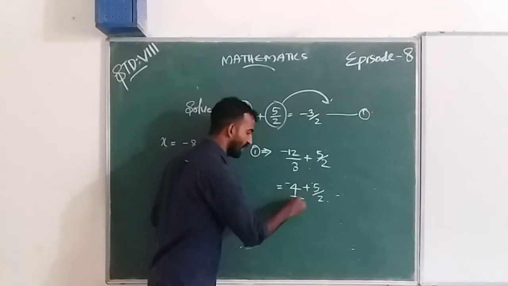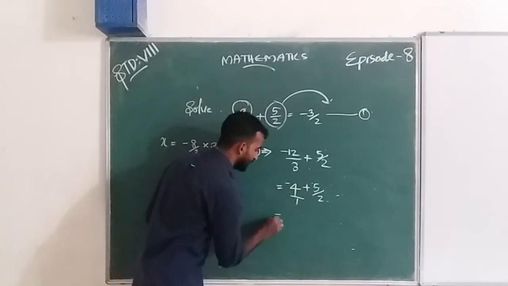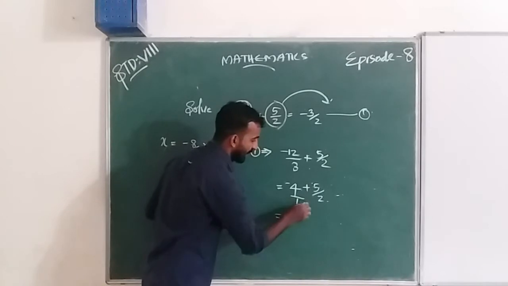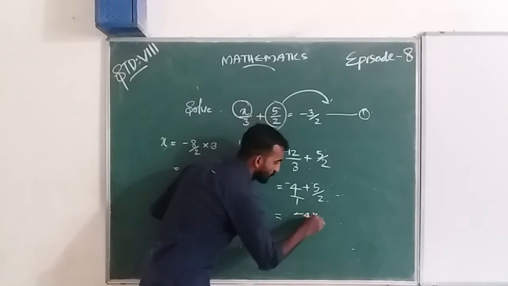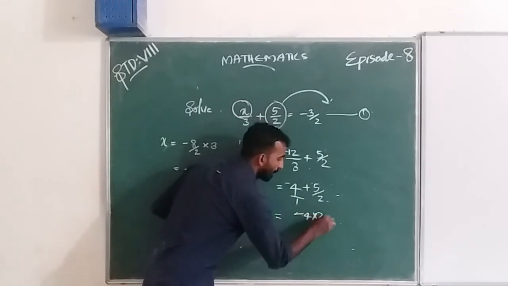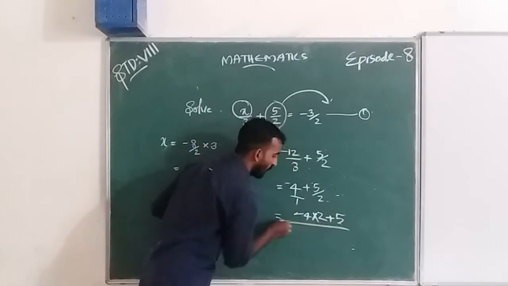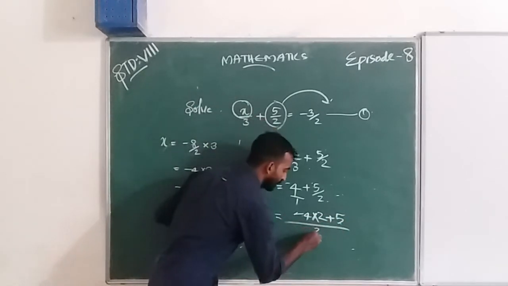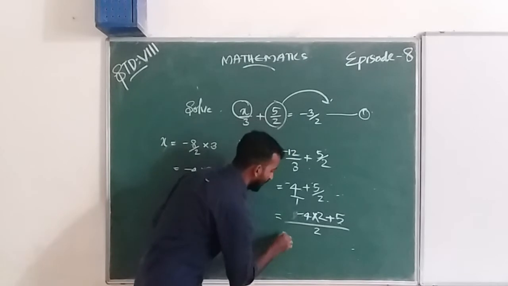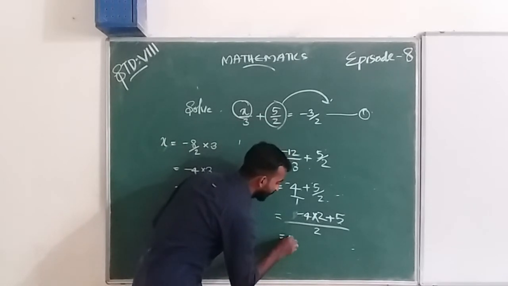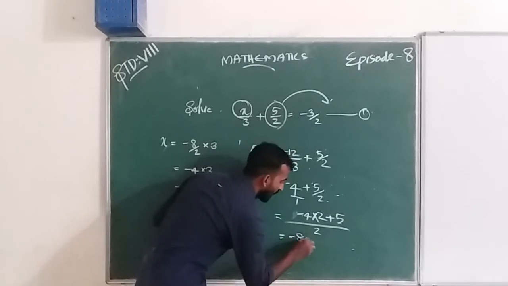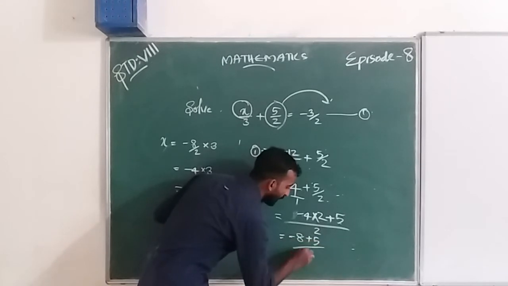When we cross multiply, that is negative 4 into 2 plus 5 all divided by 2, we get negative 8 plus 5 by 2.